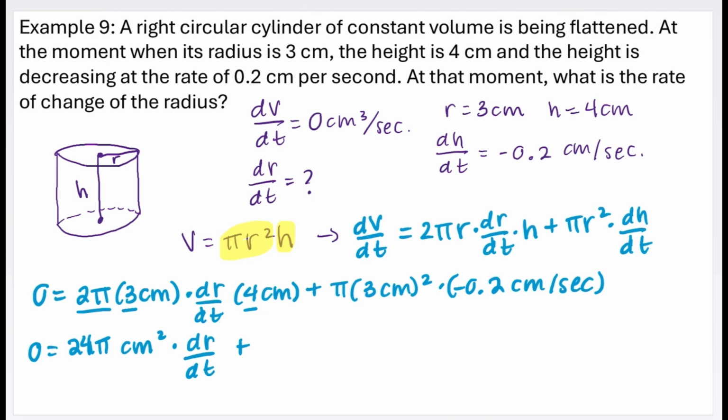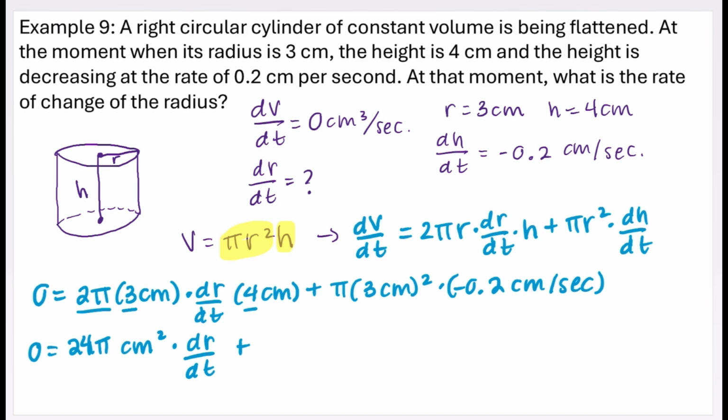I'm going to have pi times 3 times negative 0.2. Actually, pi times 9 times negative 0.2. So 9 times negative 0.2 is going to be negative 1.8, I think. Should be right.